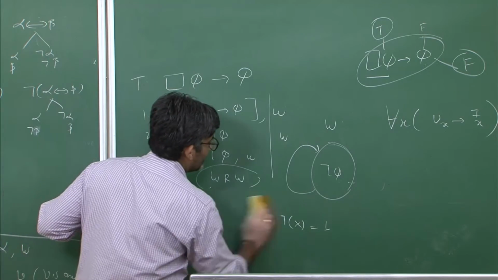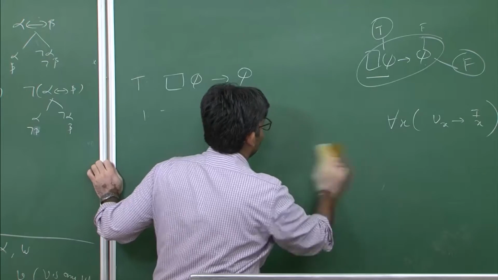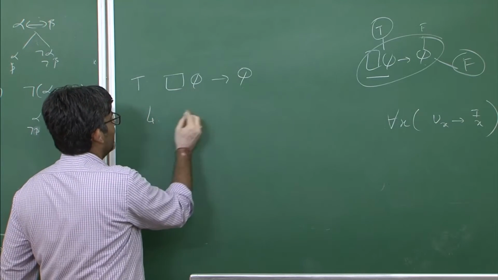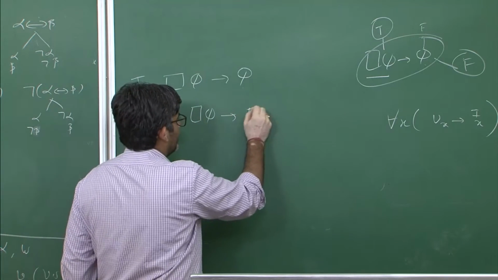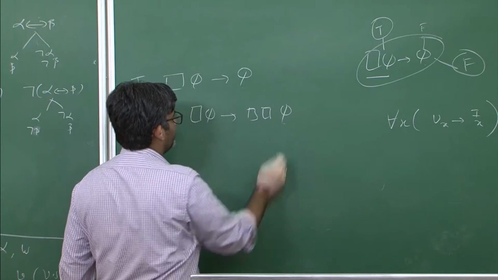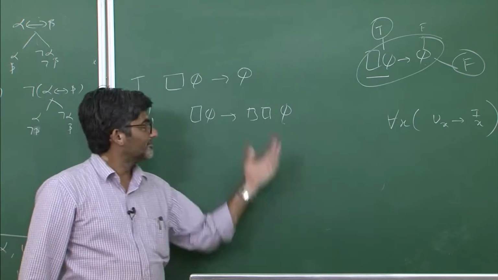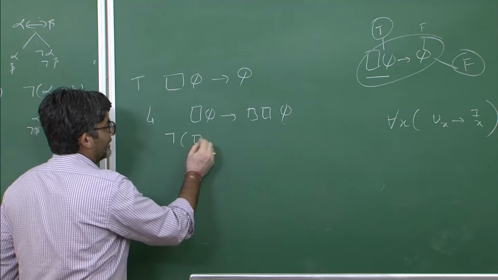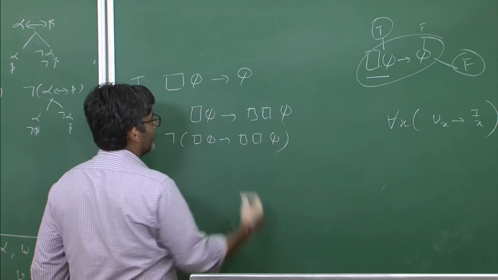So now let us consider another example where we will see why this formula, which is characteristic of the 4 axiom, necessity of phi implies necessity of necessity of phi, holds. That what is necessarily true has to be necessarily necessarily true. So again you begin with the negation of this formula, then it leads to this one.